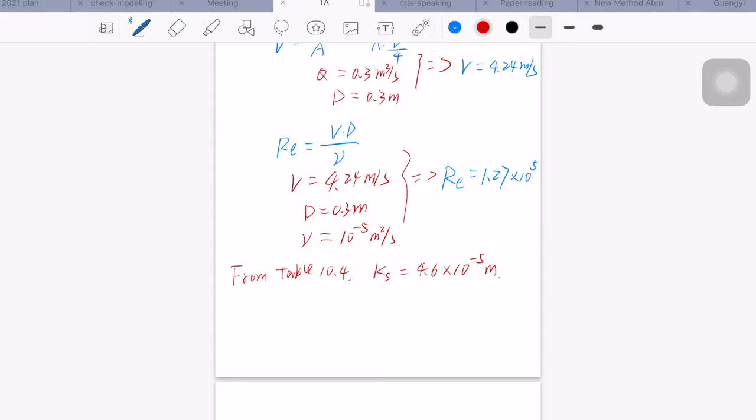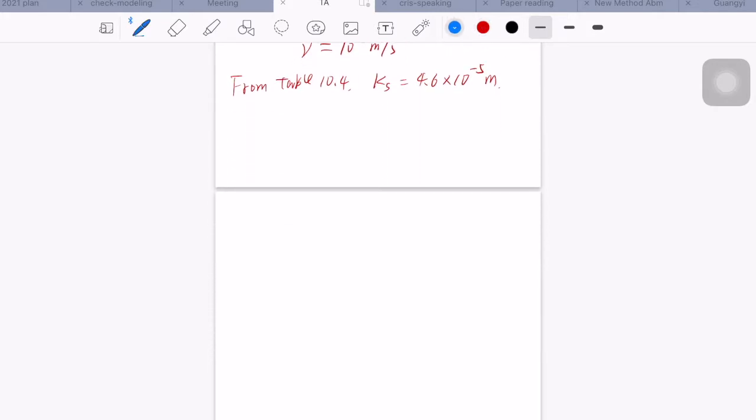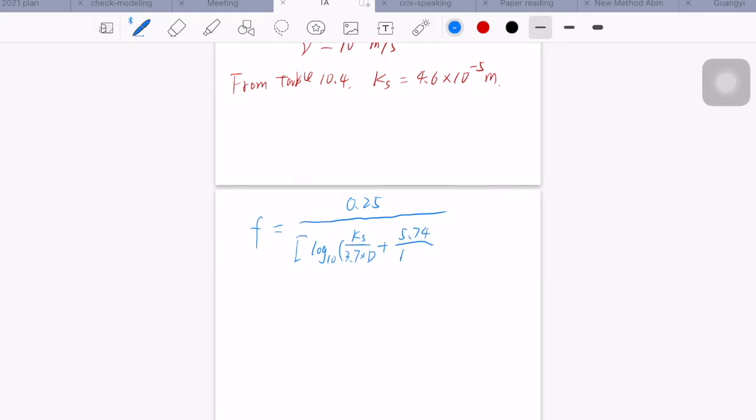And then we will use these equations. f equals 0.25 divided by the log base 10 of Ks divided by 3.7 times D plus 5.74 divided by Re to the power of 0.9, all squared. We can use these equations to calculate the f.